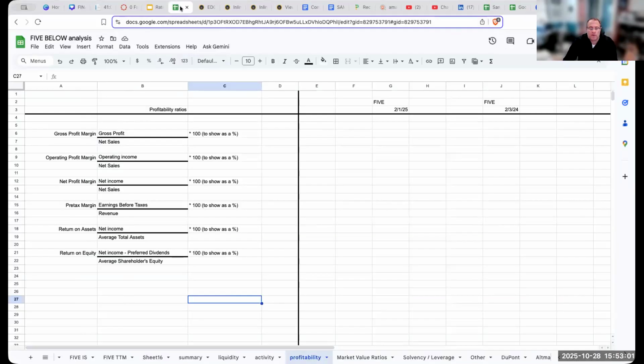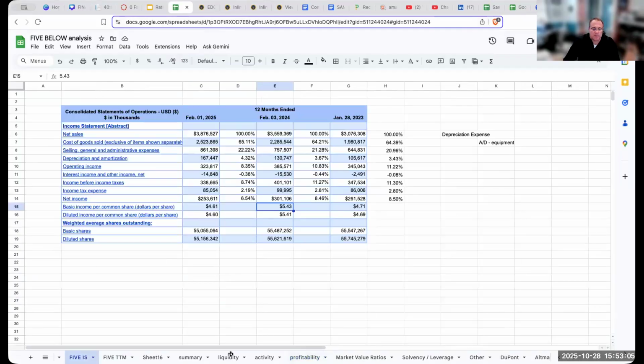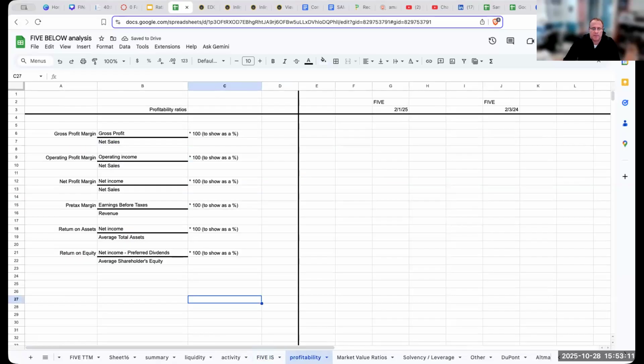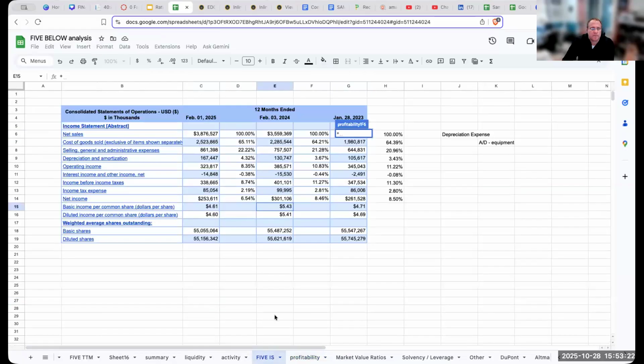Okay, so for Five Below, we're going to pull up our income statement. Notice I'm not going to use the trailing 12 months for this. Obviously, I could, but I'm not going to. So for my gross profit margin, I'm going to take my gross profit.